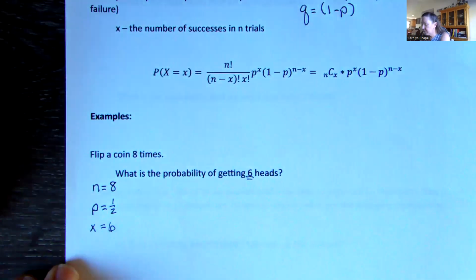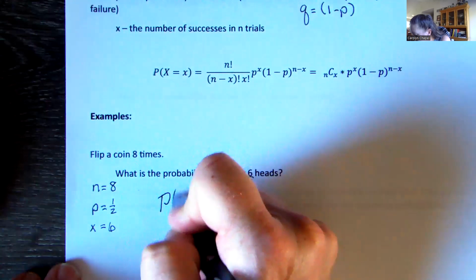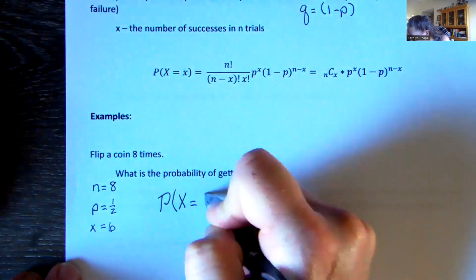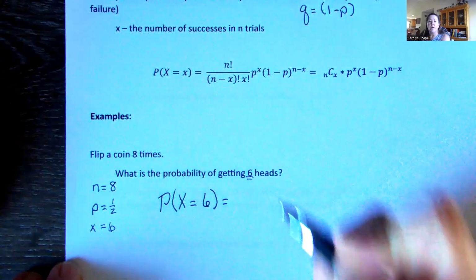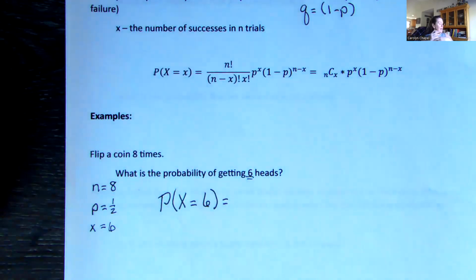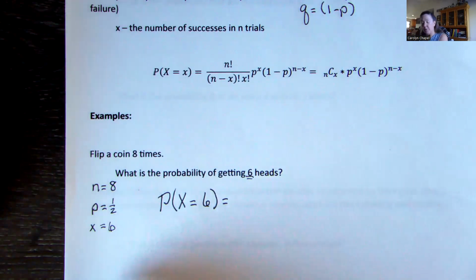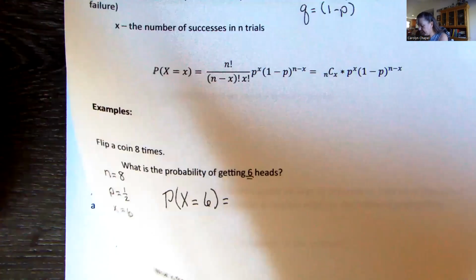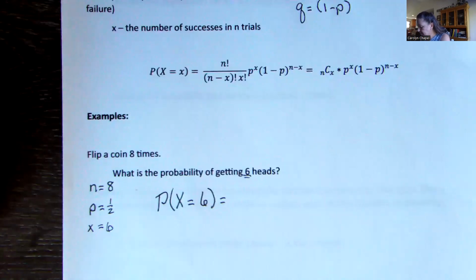So I want to know what is the probability that X is equal to 6. Okay, so I'm going to put all my pieces in, then we will calculate it by hand. I will do another example, calculate it by hand, and then I'll go to my technology to show you how to do both of those using technology as well.